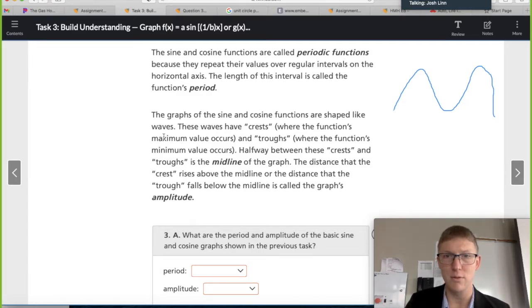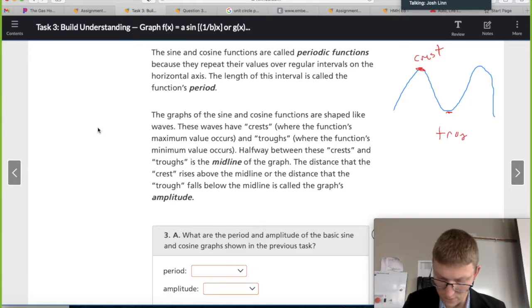So the graphs of sine wave functions are shaped like waves. I drew one right there. So we've got things like our crests, and then we'll talk about these things down here, kind of like our troughs. These are not official words yet, it's just kind of the words that we're using.